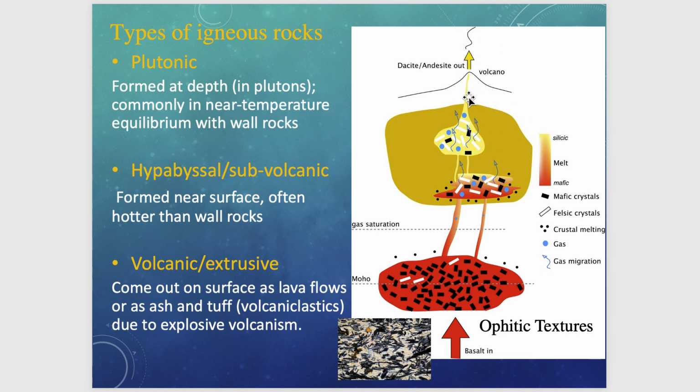So if we solidify rocks in this environment, which is usually in the first 2 kilometers of crust, then we commonly call these rocks hypabyssal or subvolcanic, and they are usually distinguished by the fact that they have finer grain textures. So the minerals will become smaller in size as we move up.